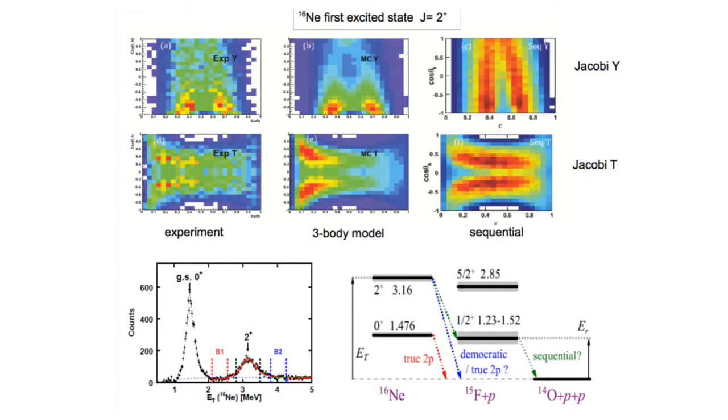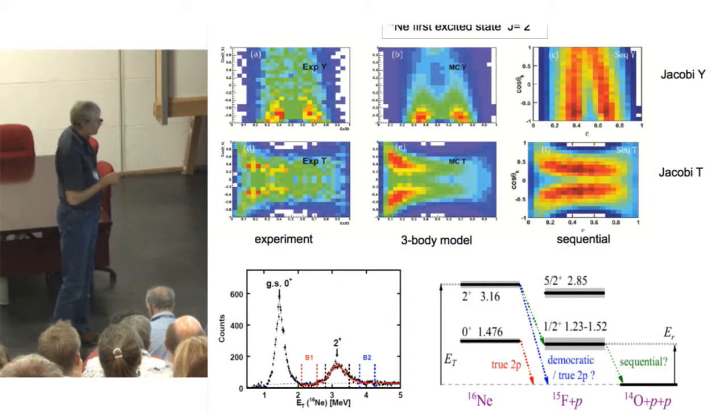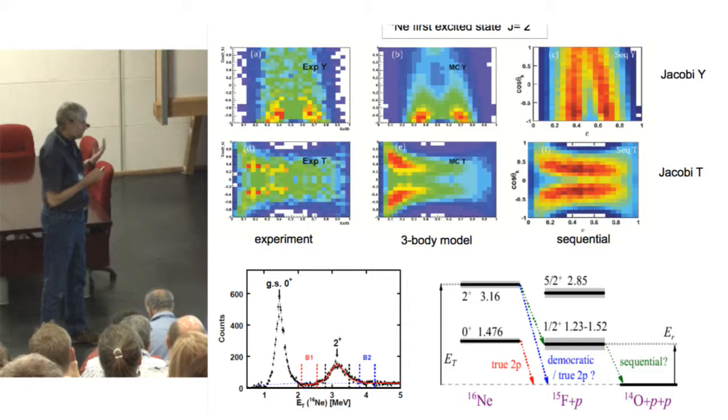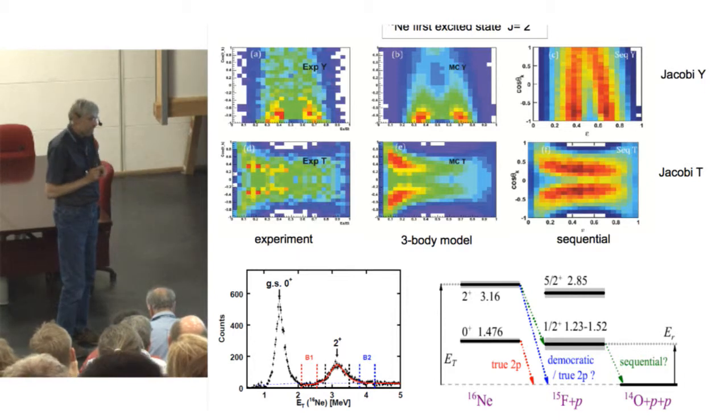But what do we see? Well, we start to see two ridges here, but they don't extend the full way across, okay? So there's some indication of sequential decay, but it doesn't look right. Now these angles, where the ridges are present, this is where the two protons' relative angle is small.